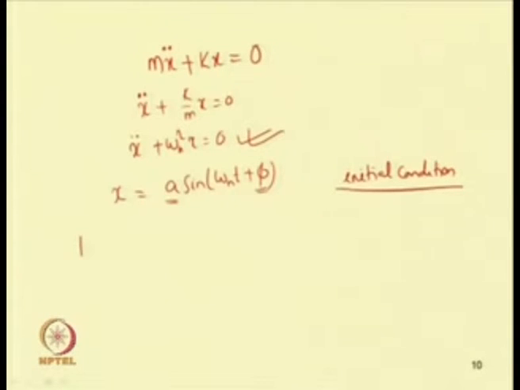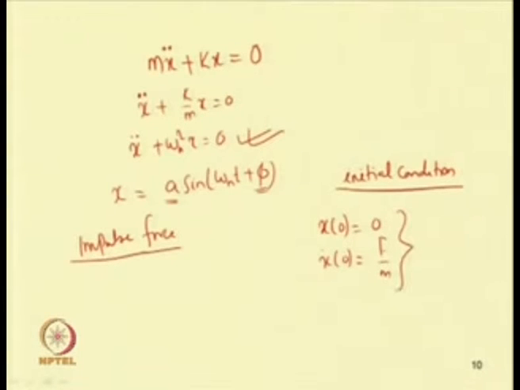If we apply an impulse force and leave the system, then the resulting vibration will be a free vibration with initial displacement equal to 0, that means x 0 equal to 0, and x dot 0 equal to the applied force by m. So, initial conditions we can write this way, and substitute them in x equal to a sin(omega n t plus phi).